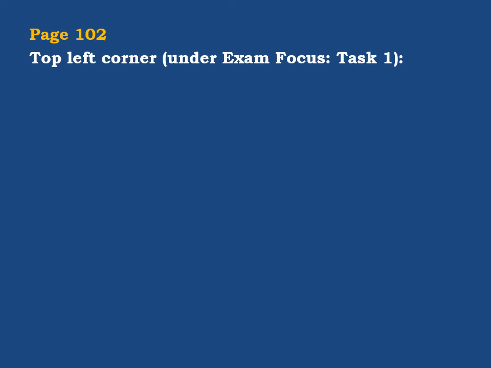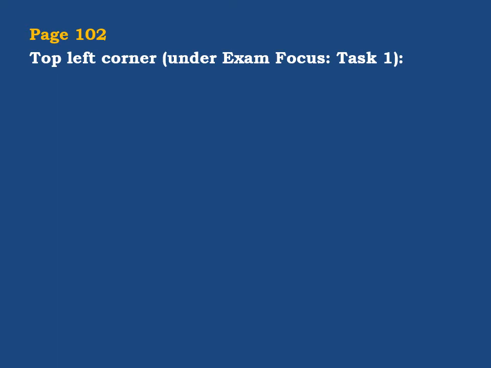And the last bullet, if you look at that bullet, it says use sequencing words. What are sequencing words here? I think you are familiar with them. Sequencing words like first, second, firstly, secondly, thirdly, last, next, after that.